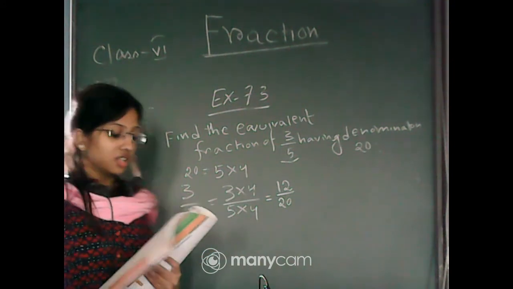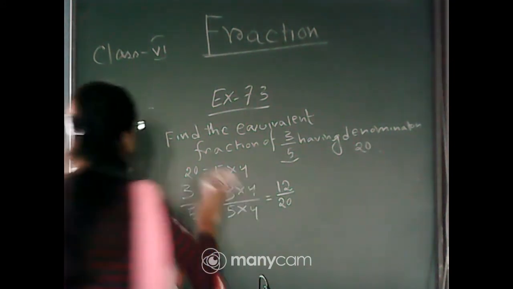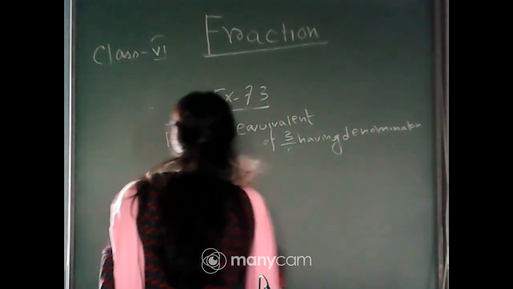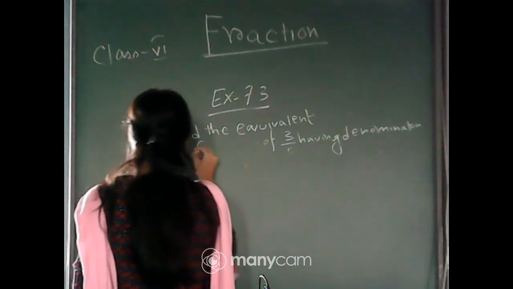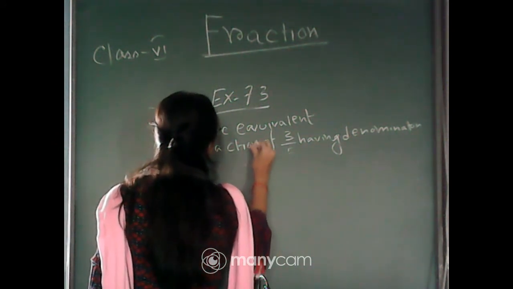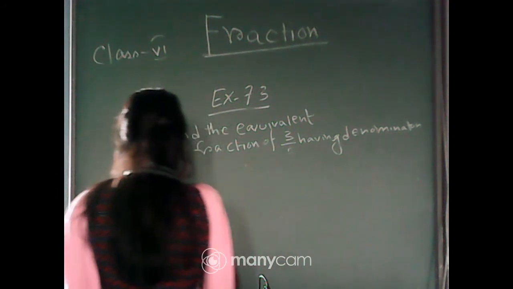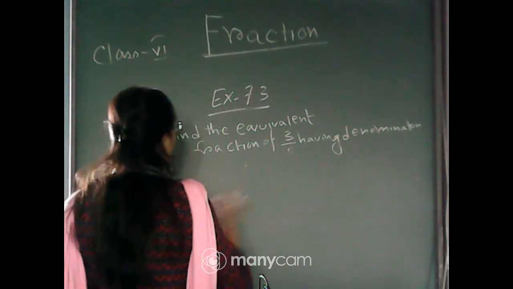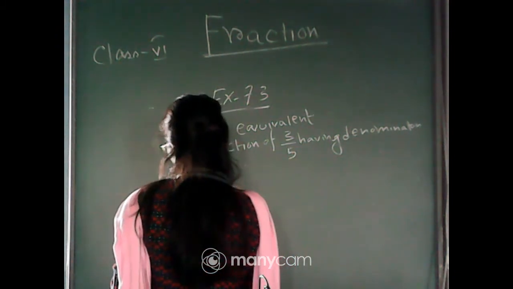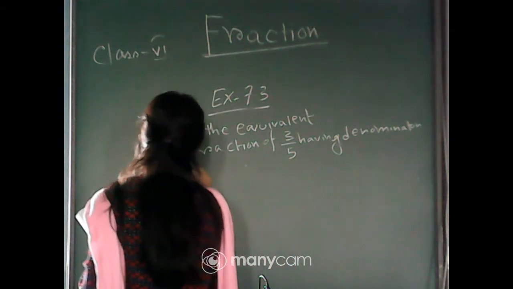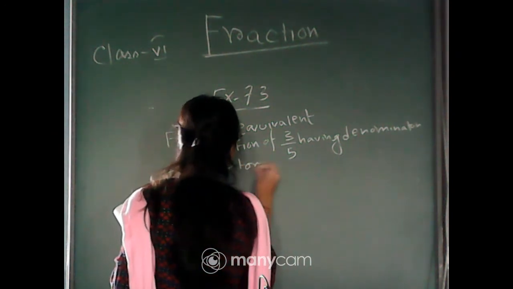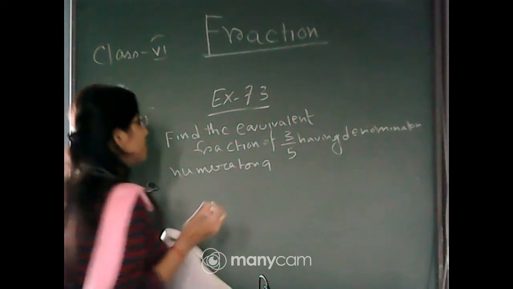Okay. The next question is, find the equivalent fraction of 3/5 having numerator 9. First we observe the numerator.